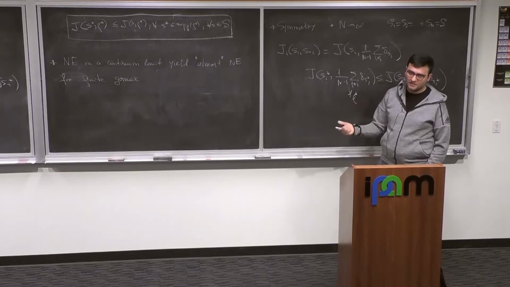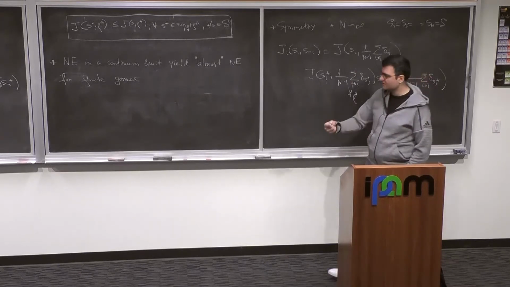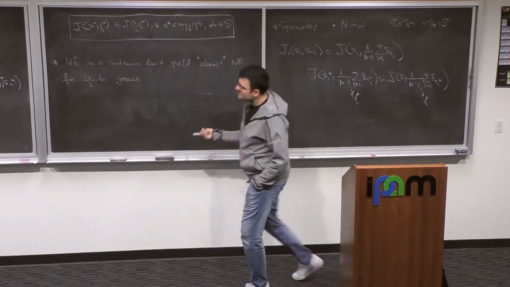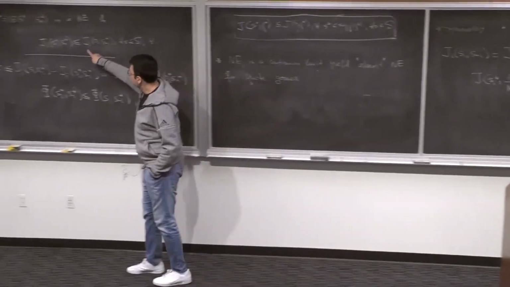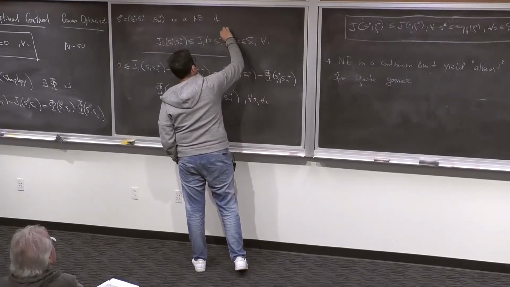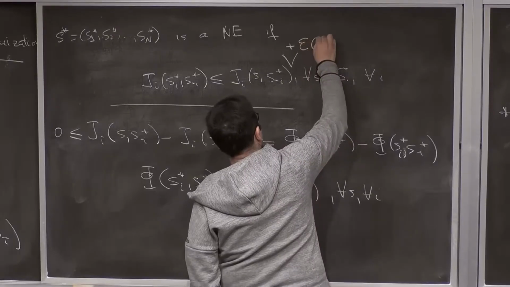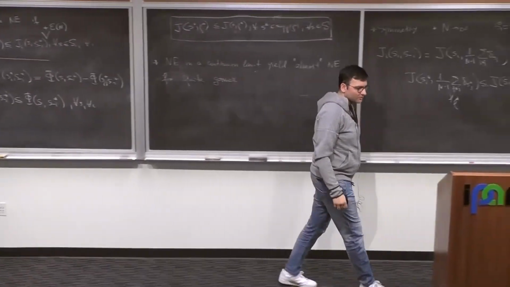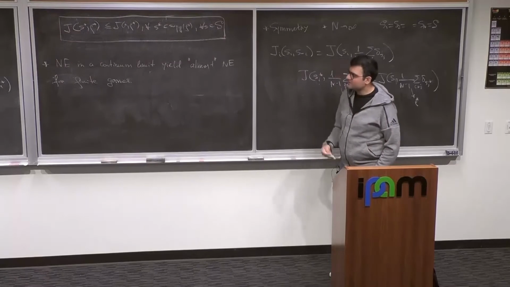And what we'll get, under some continuity assumptions, so under some technical assumptions, is that this inequality here will not be exactly satisfied, but there will be an error term here, which depends on the number of players, and in good cases it will vanish.